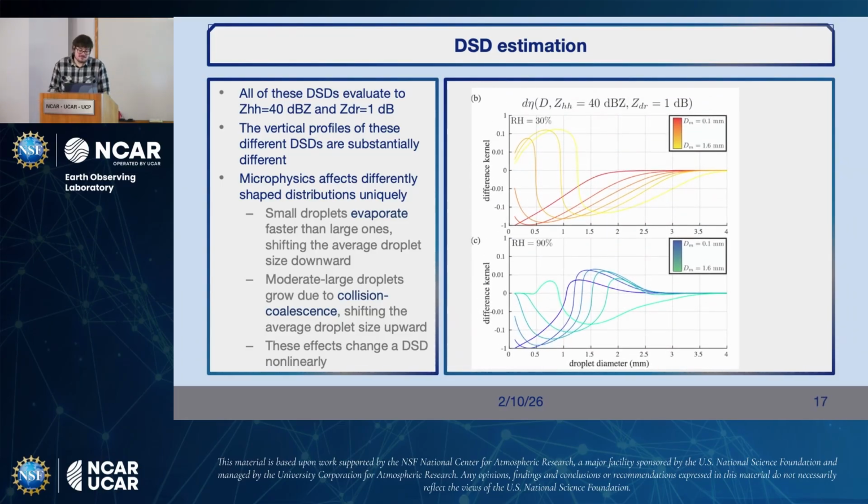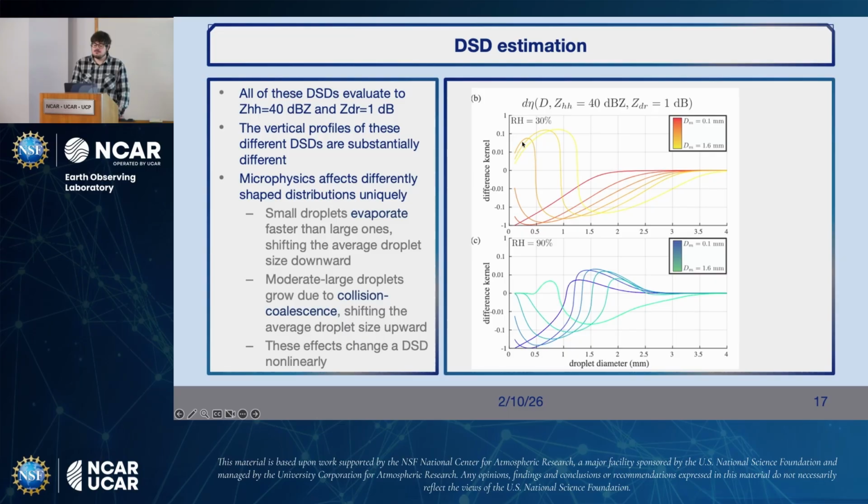But if we look at a difference kernel, so instead of looking at a vertical profile and how these values are changing, what this shows is how the drops of a given size change between the top and the bottom.